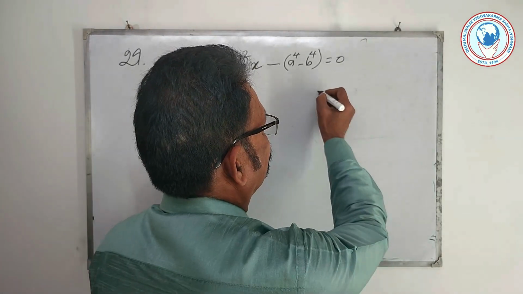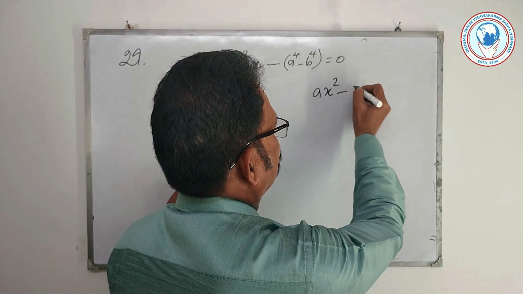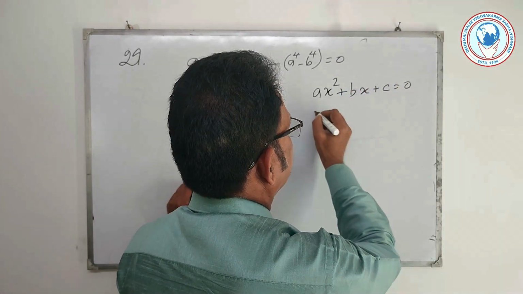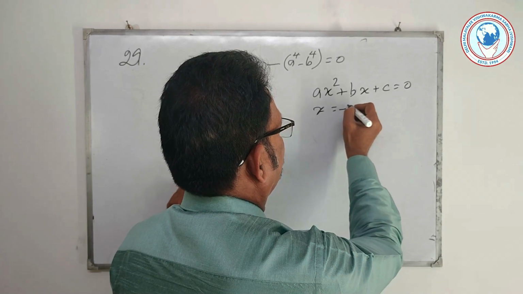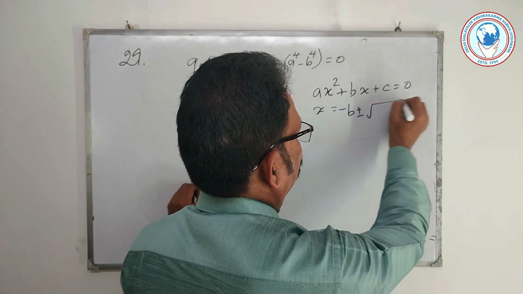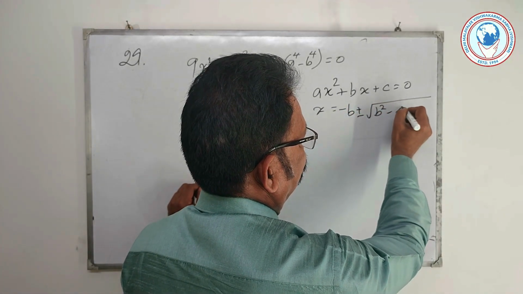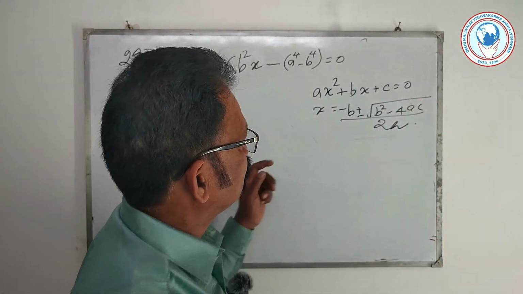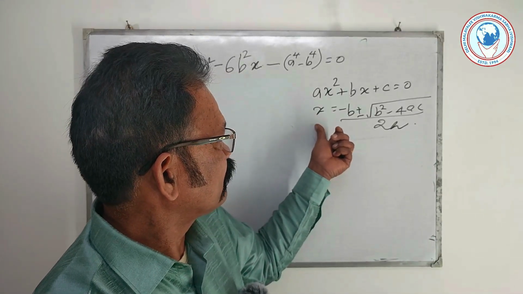Quadratic formula: if ax square plus bx plus c is equal to 0, then x is equal to minus b plus or minus root of b square minus 4ac, whole divided by 2a. That is the solution for x.